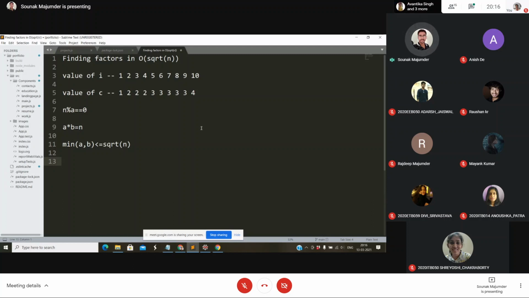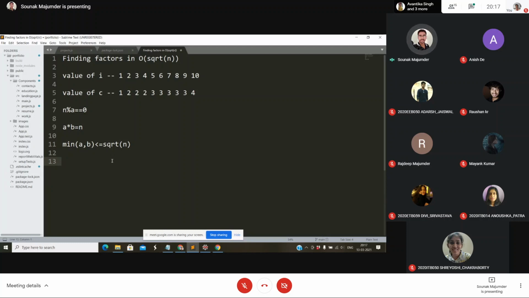If we take some perfect squares like 9, then 3 into 3 equals 9, so the minimum is less than or equal to square root of n, so 3 is equal to square root of n. We will exploit this theorem to find factors in square root of n time.